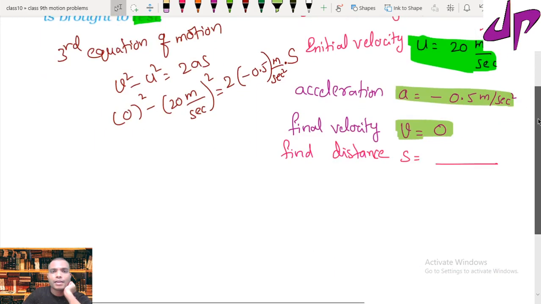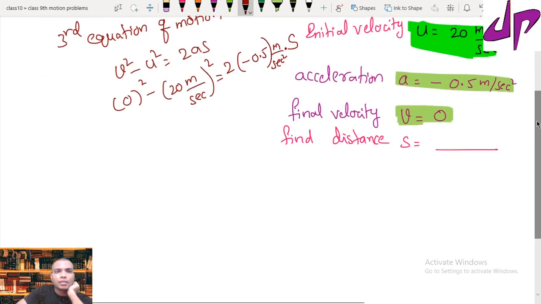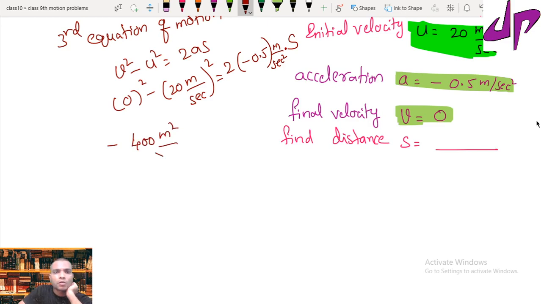So if I write that properly here, 0 square, the value will become 0, and on this side minus 20 square. 20 square means 20 twenties are 400, meter square upon second square, equals 2 times 0.5, which becomes negative 1 meter per second square times s.